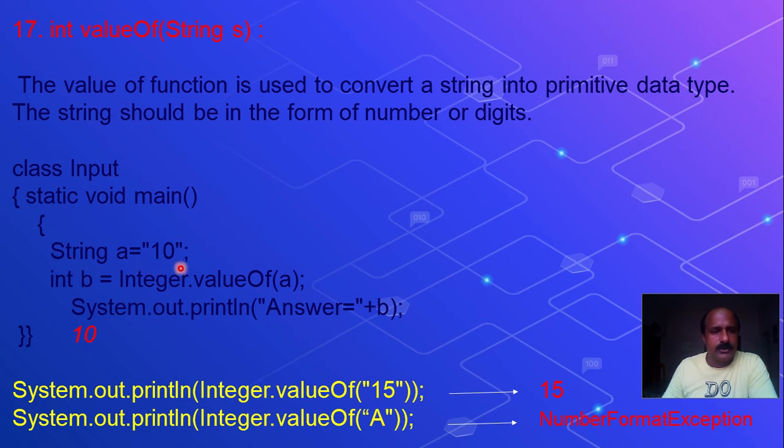A is equal to "10", and B is equal to Integer.valueOf(A). This is a wrapper class function, that's why it does not belong to the String class. It belongs to the wrapper class; Integer is a wrapper class.